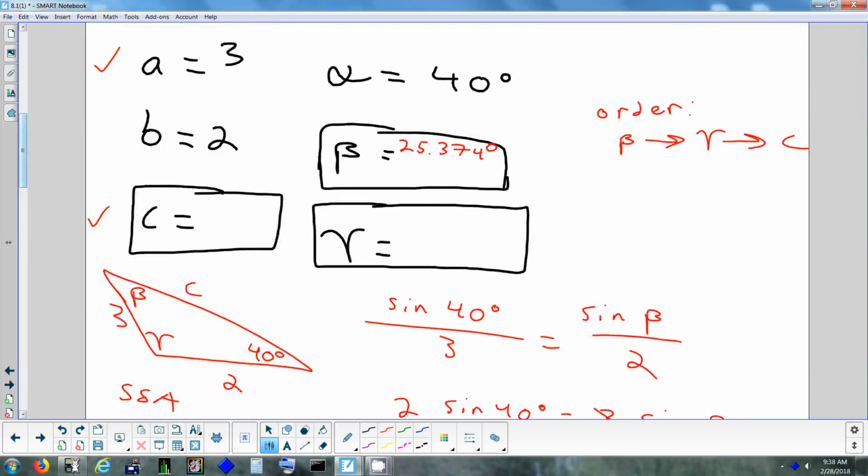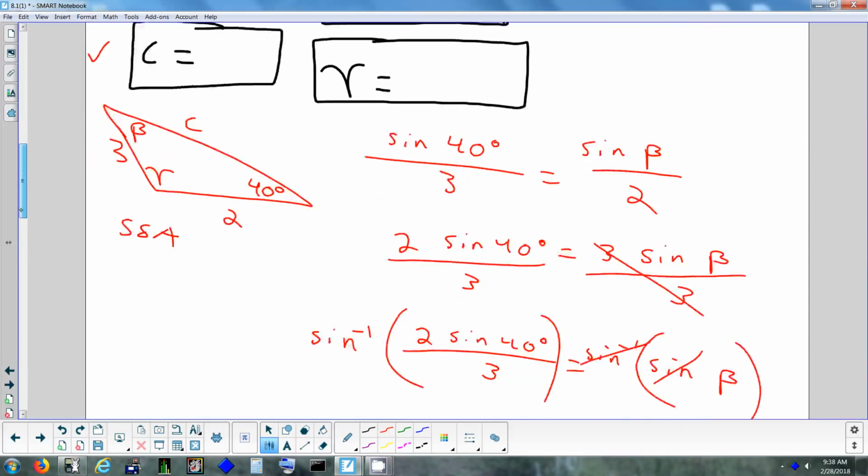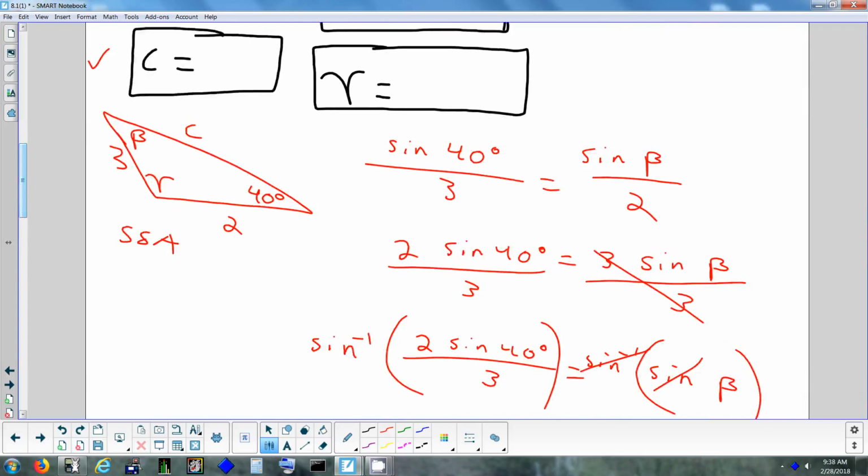But we're not done with beta yet. How come? What else do I have to do that we've done all along? If that was a problem in last night's homework, it's something else you have to do now in that step. One other thing.